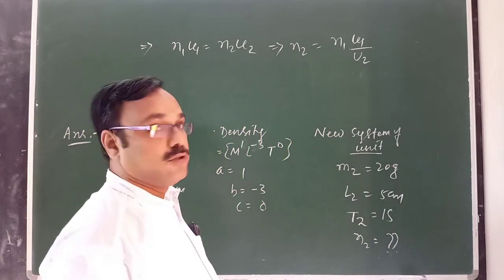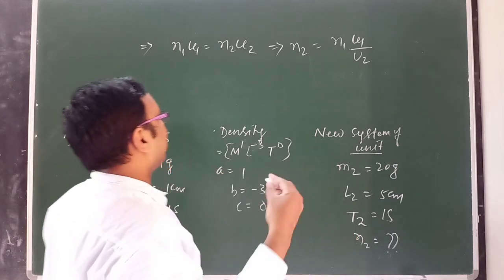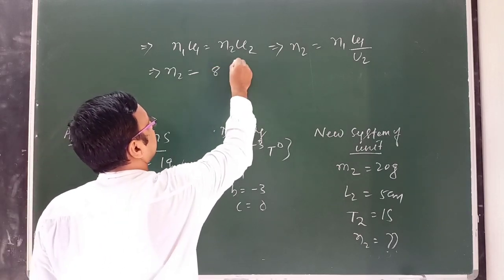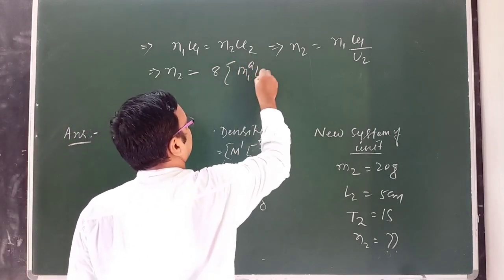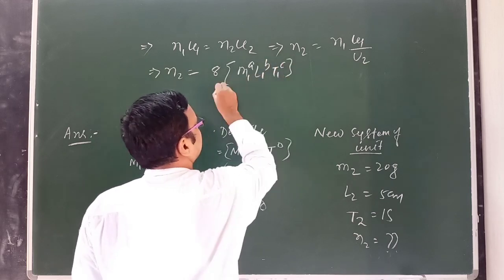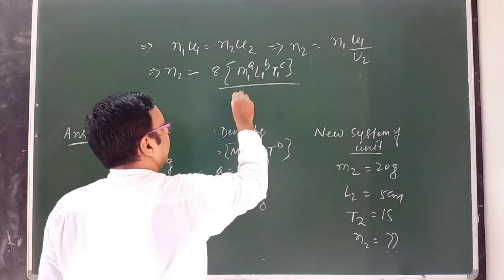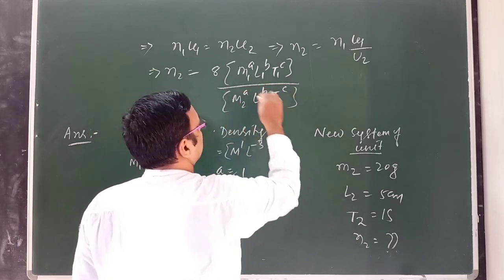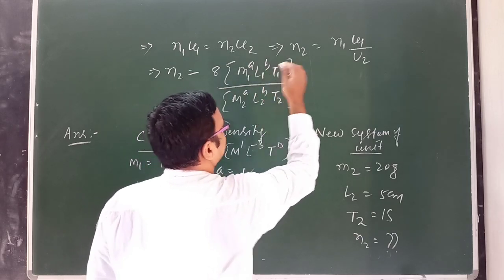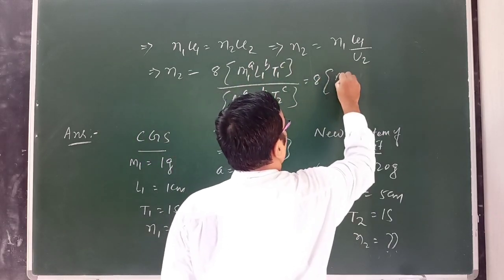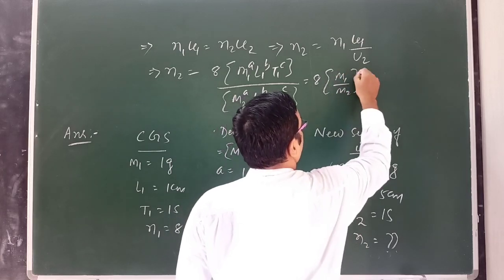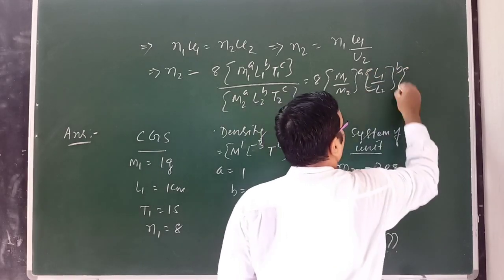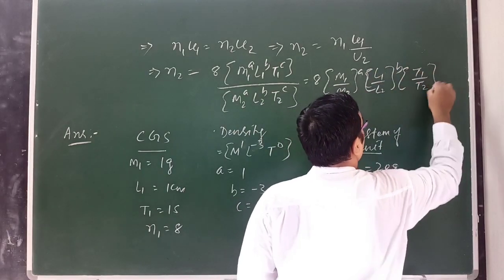And u2 is M2 to the power a, L2 to the power b and T2 to the power c. Therefore n2 equals n1, which is given as 8, into u1, M1 to the power a, L1 to the power b, T1 to the power c, divided by u2, M2 to the power a, L2 to the power b and T2 to the power c. And since the powers are the same for M, L, T, this can be written as (M1 by M2) whole to the power a, (L1 by L2) whole to the power b and (T1 by T2) whole to the power c.